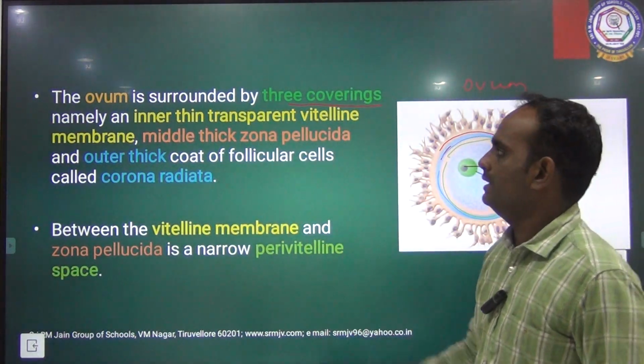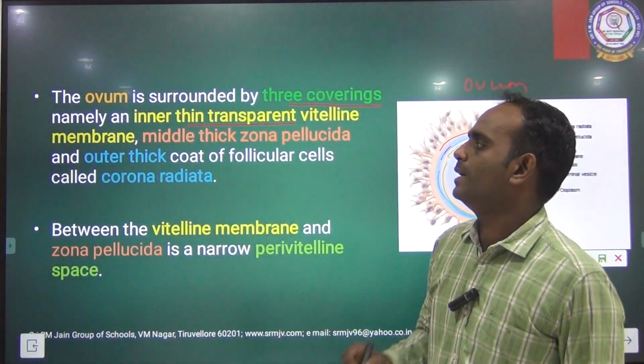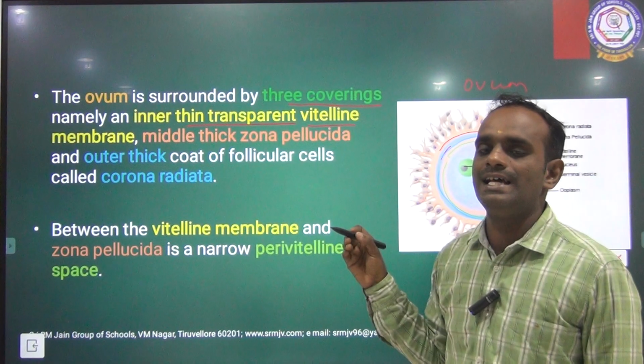The ovum is surrounded by 3 coverings. The inner one is a thin transparent membrane called vitelline membrane. Please pronounce it, vitelline membrane.